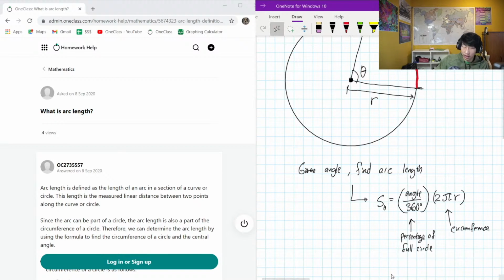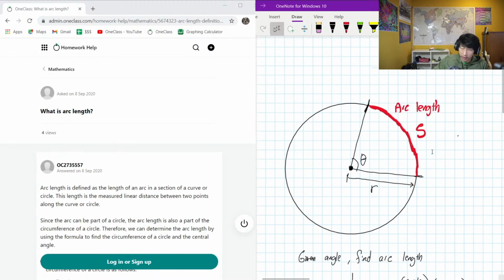So hopefully it should be clear from the diagram that the arc length is some fraction of the total circumference of a circle. For more complicated curves like ovals or waves, we're not really going to worry about arc length that much, but if you know the total circumference, which has got to be 2 times pi times r, that's the definition of circumference, and we know the angle, we just take the percentage of that and we can find the corresponding arc length.